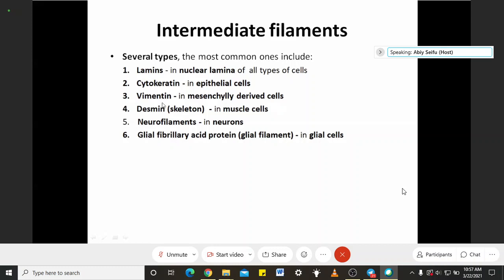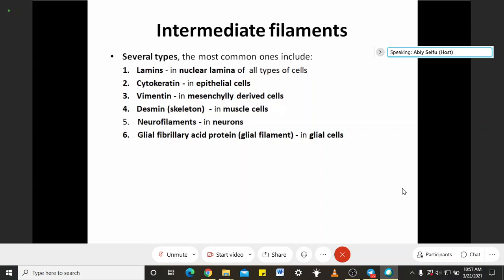Another intermediate filament is, for example, vimentin, which specifically is found in one clan of cells. During development, we have one group of cells known as mesenchymal cells. These mesenchymal cells would develop into different types of cells, like connective tissue cells, like blood vessels, like muscle cells.